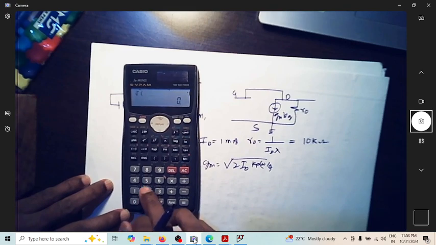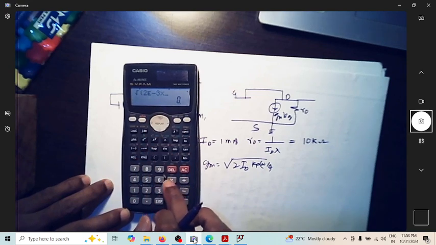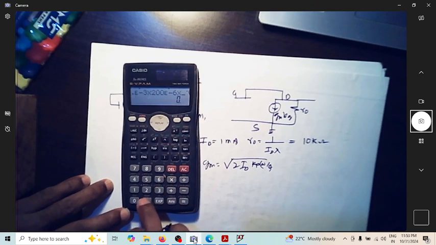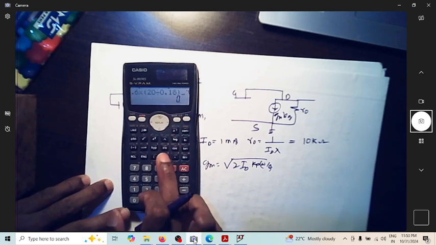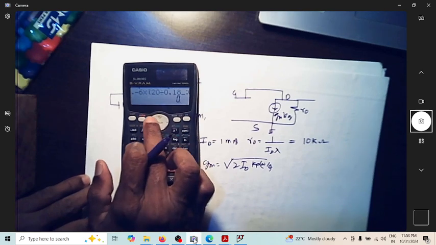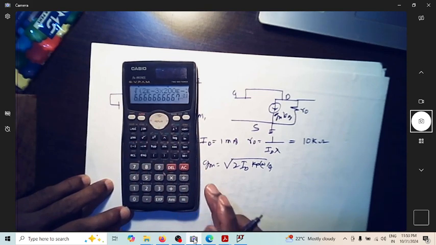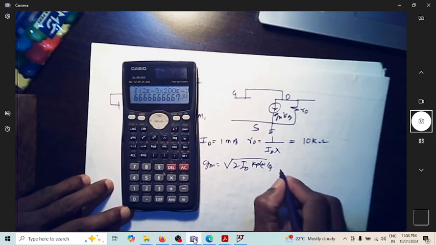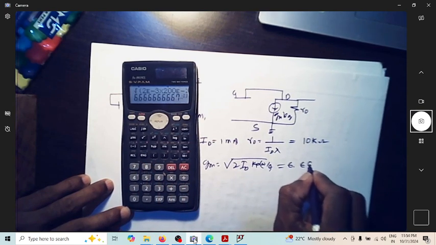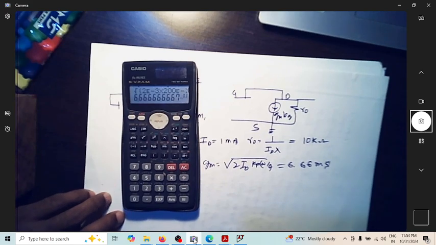It's actually 2 exponential minus 3 into 200 exponential minus 6 into 20 divided by 0.18. I think it's only one close. So it is 6.66 millisiemens. So this is the value of GM.